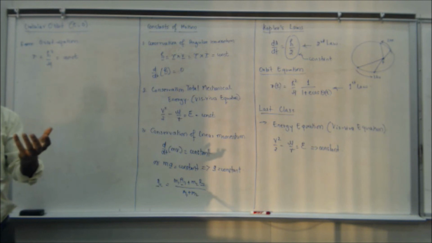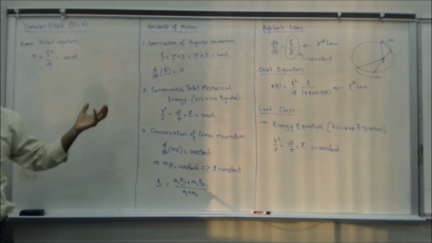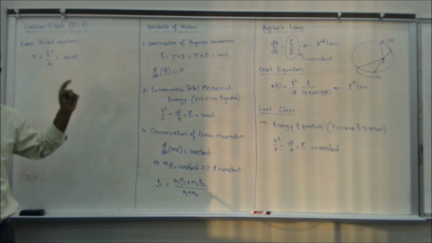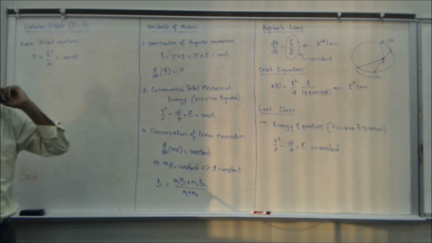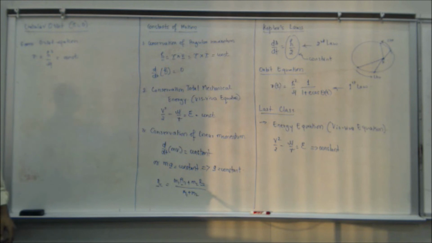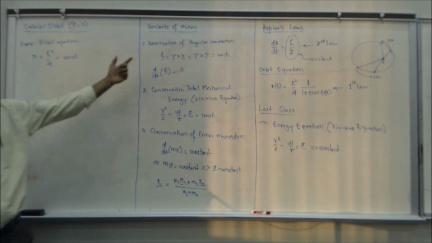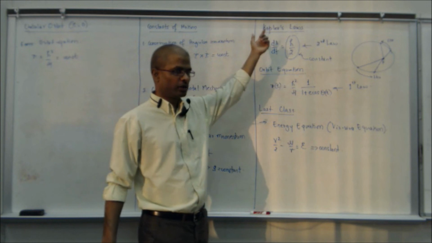You can have something in a really low Earth orbit where r is constant, but for a geosynchronous orbit the period has to be the same. We'll talk about the period, which is Kepler's third law.